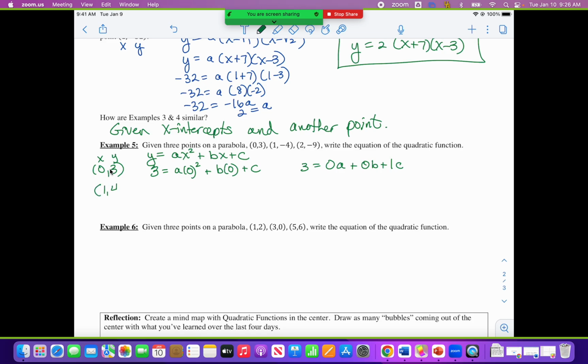Then I'm going to do 1 comma negative 4. So negative 4 equals a times 1 squared plus b times 1 plus c.